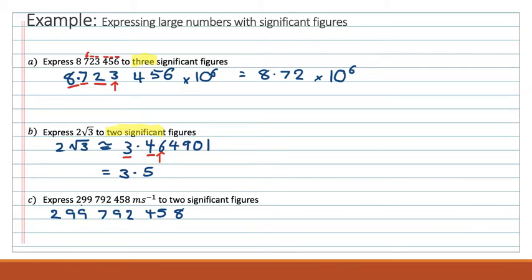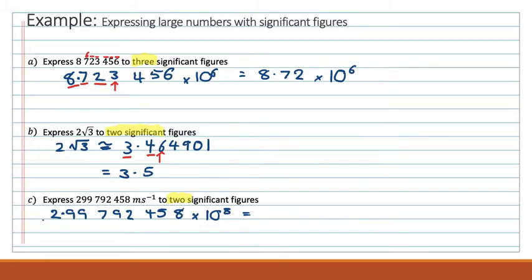So, rewriting this in scientific notation, it will be 2.99792458 times 10 to the 8. So 1, 2, 3, 4, 5, 6, 7, 8. And using significant figures, we want to express it using 2.